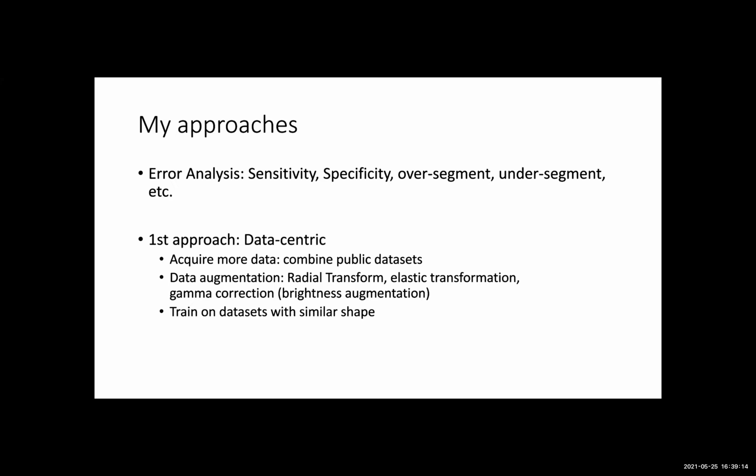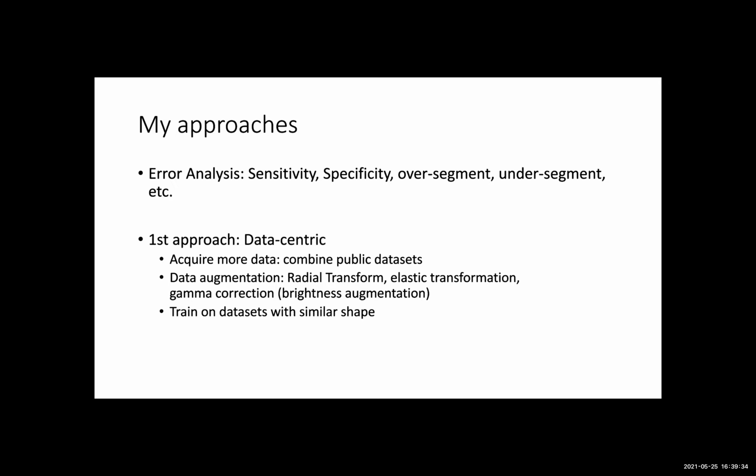So I would like to try this. And if it's not improved, then I will try to train on a dataset with a similar shape, because the shape of the enhancing tumor is not very regular.